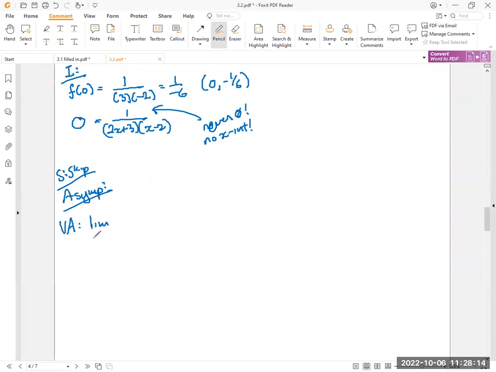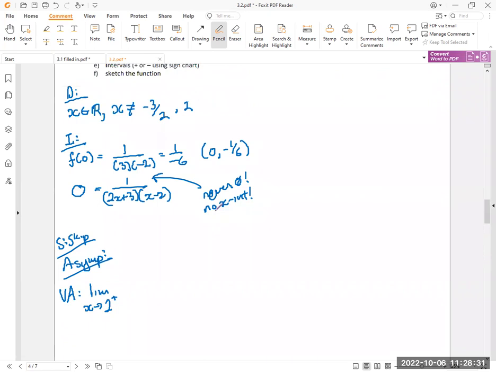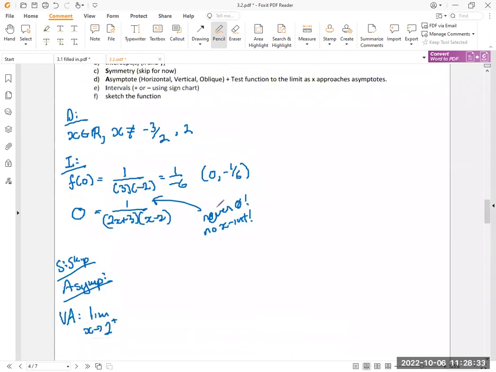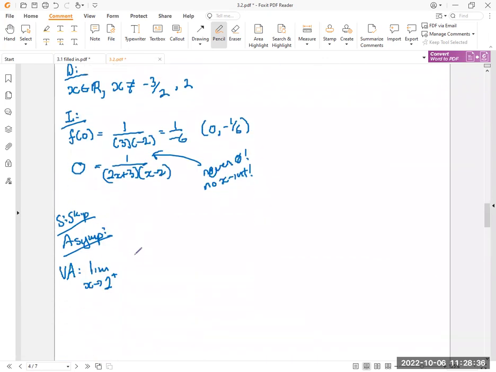I am testing the limit as X approaches 3/2 from the positive. You know what? Can we do 2 first? Approach 2, because it's easier, from the positive side. Take a look at what I am doing. 2x plus 3 and x minus 2.